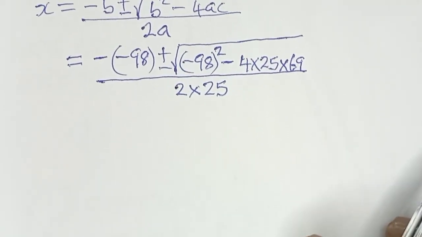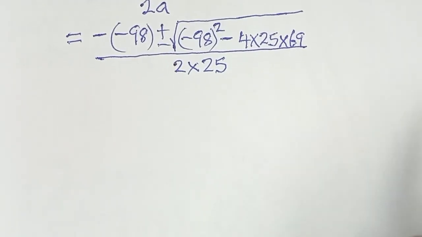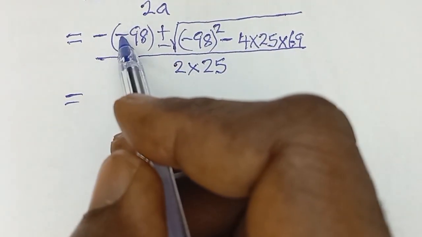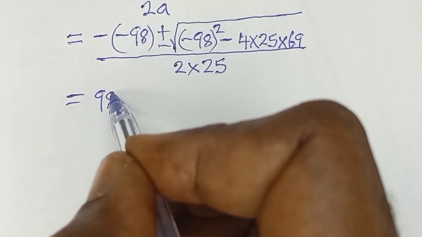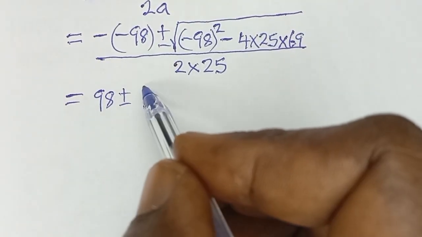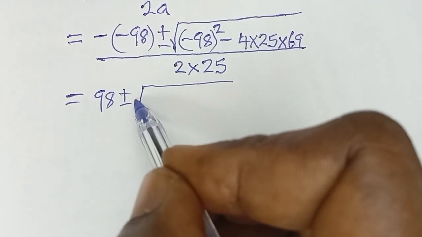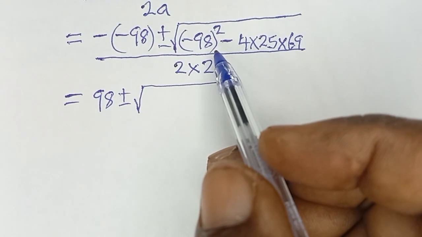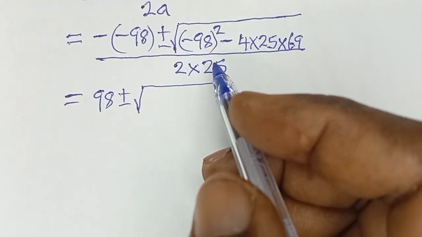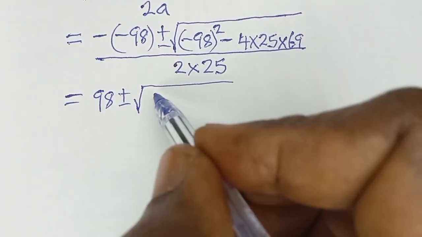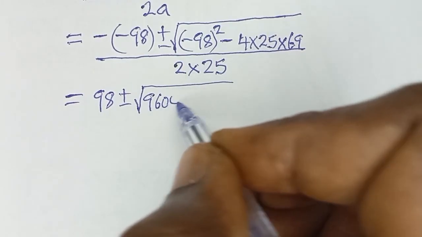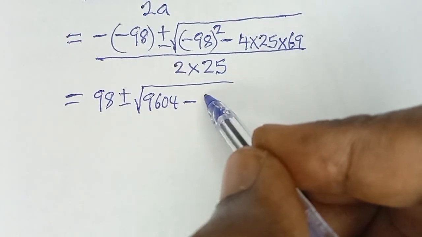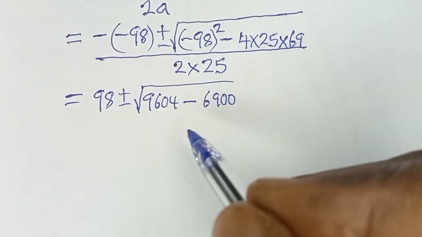So simplifying this further now, I'm going to have x is equal to negative multiplied by negative becomes positive 98, and then I have plus or minus the square root of negative 98 squared, which will give us 9,604. 9,604 minus this times 69 will give us 6,900.